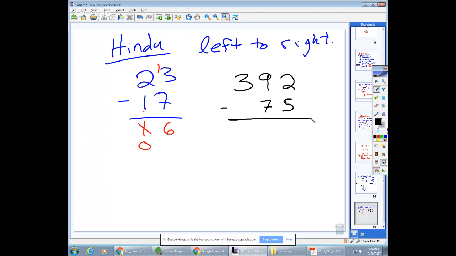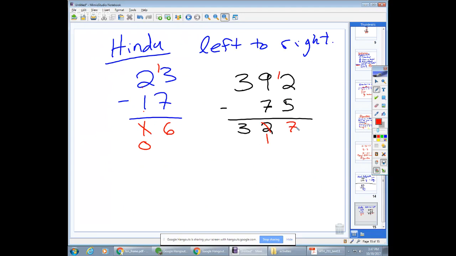So we would start on the left side. 300s minus no hundreds is 300. 90 minus 70, or 9 minus 7, gives us 20, or 2 in the tens column. And then 2 minus 5 is a problem, so I have to borrow from below. So I take a 10 away from that and bring it up there. 12 minus 5 is 7, so the answer must be 317.